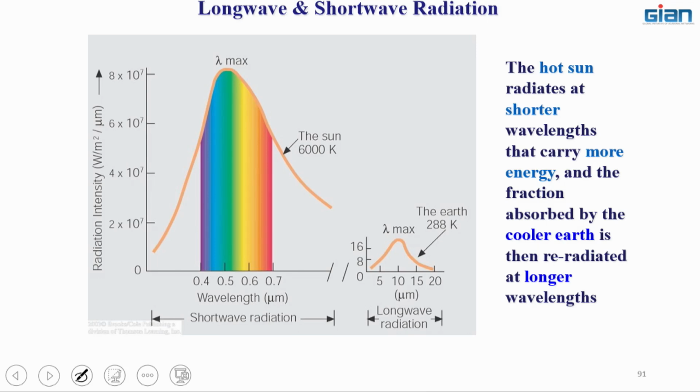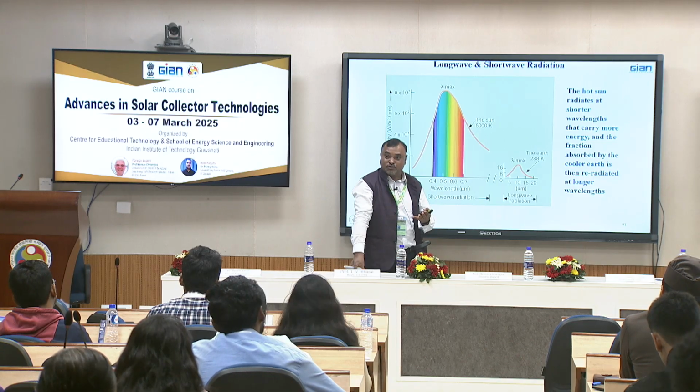So, here what I am showing, the sun is a black body, its black body temperature is 6000. So, how can you say it is a black body? We can actually test it if you know Planck's law, and if you integrate over all wavelengths from 0 to infinity, then you can find the Stefan-Boltzmann constant. Okay. So, Stefan-Boltzmann, Eb is sigma T to the power of 4.